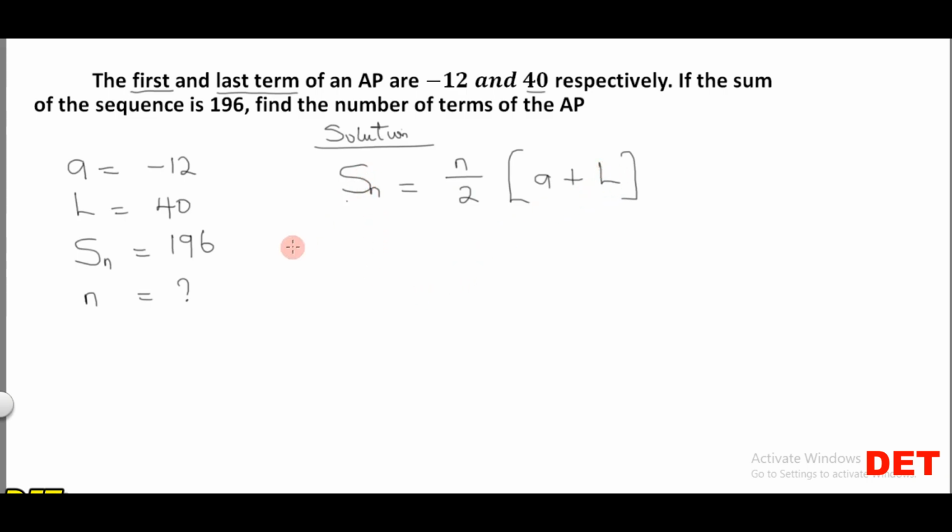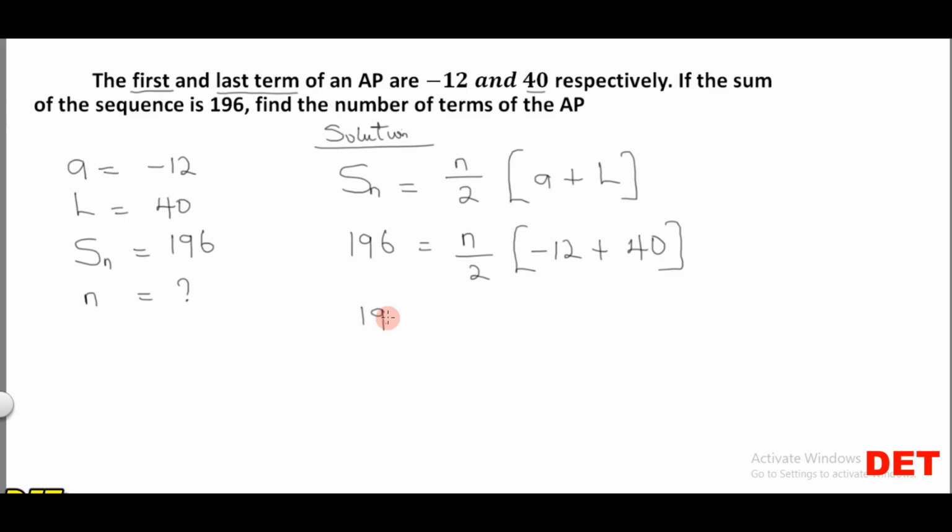So 196 equals n, which is what we're looking for, the number of terms, over 2, open bracket, my A is my first term, minus 12, plus my L is my last term, 40, bracket close.